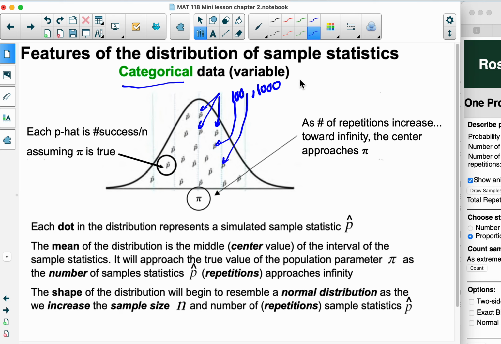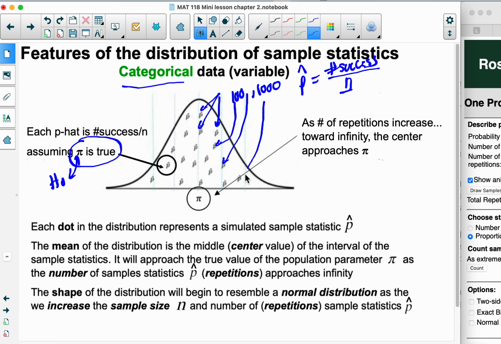Those p-hats are going to have the quality that we would have number of successes out of whatever our sample size is that we enter into our applet assumptions. And it generates these p-hats assuming that that pi value is true. This relates to our null hypothesis that the parameter or the claim is true.